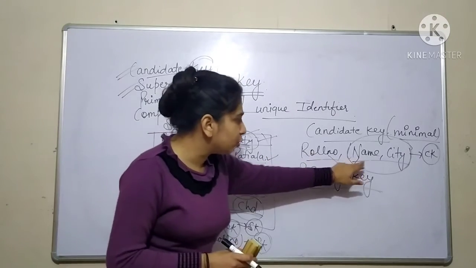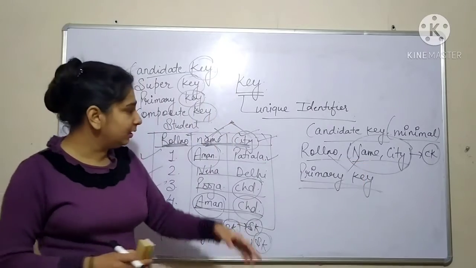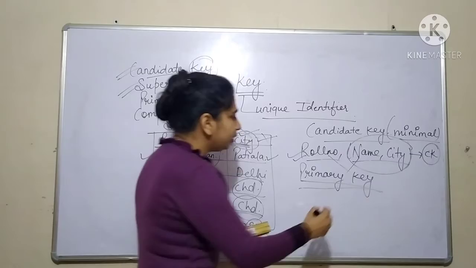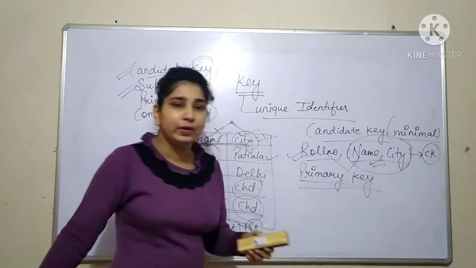So we have these two possibilities. Either you can use roll number as a primary key, or you can use name and city as a primary key.